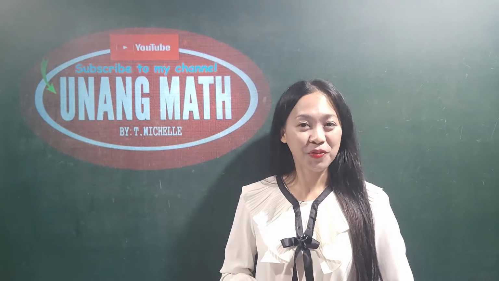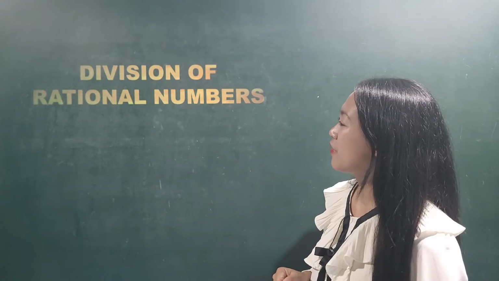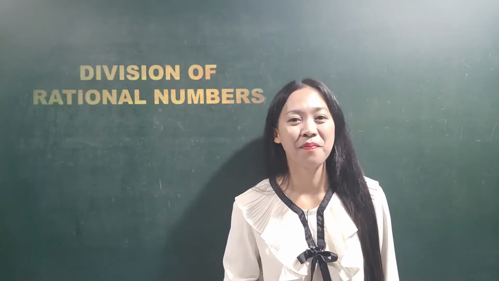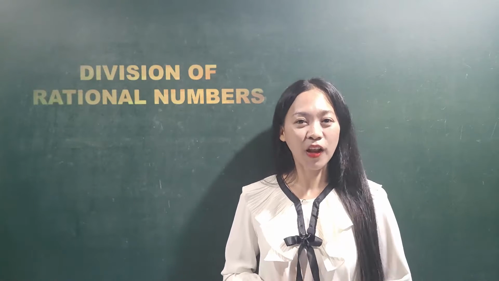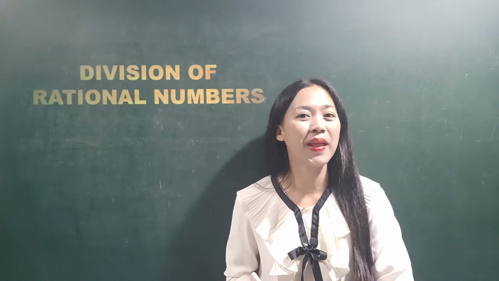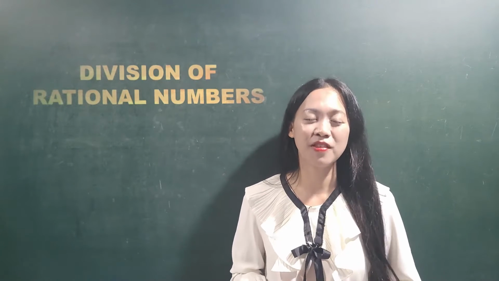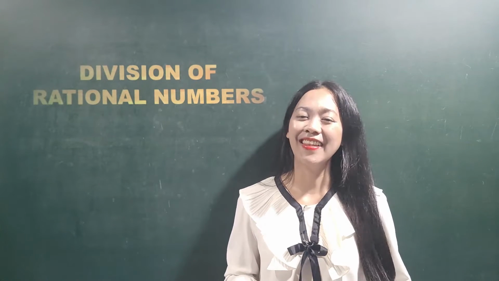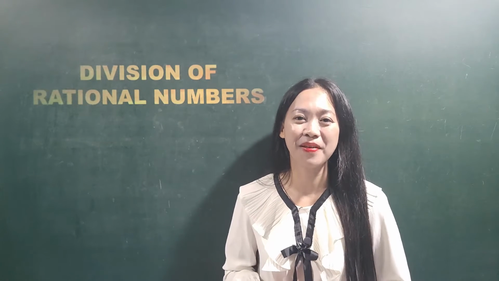This is episode 56 and for this episode, our lesson is about division of rational numbers. As we already know, division is closely related to multiplication. So if you already know the relationship between these two operations, then it will be easier for you to divide rational numbers.